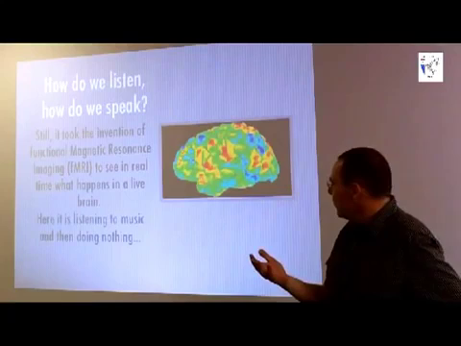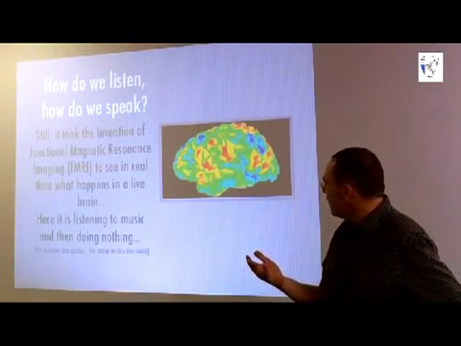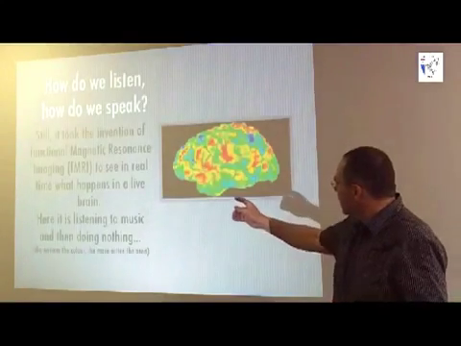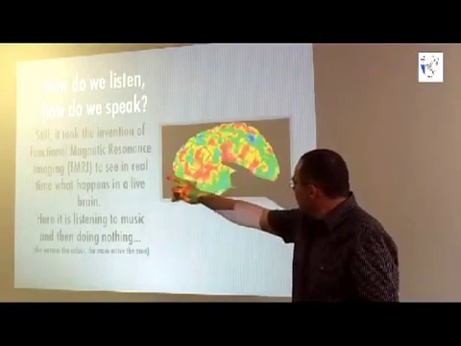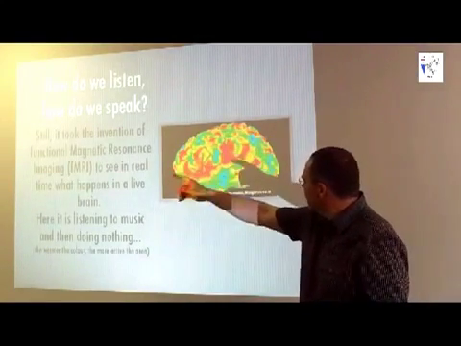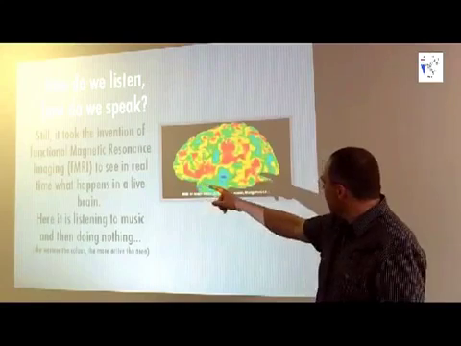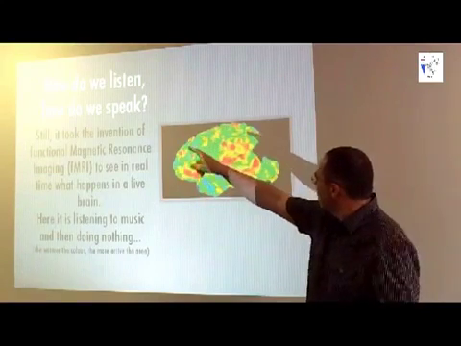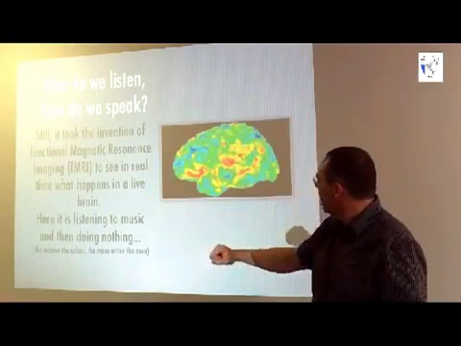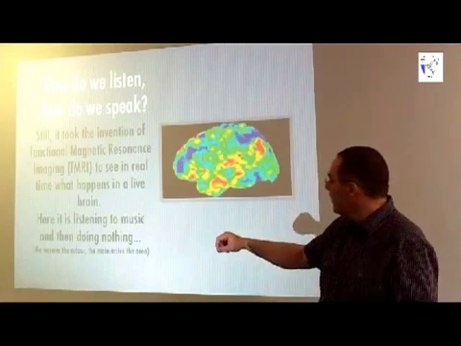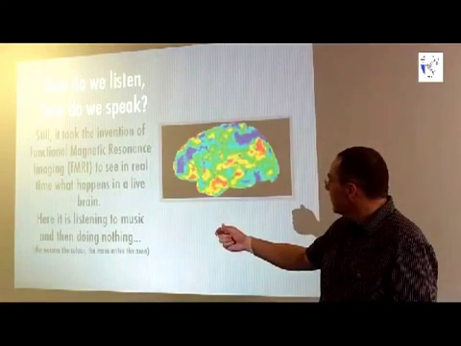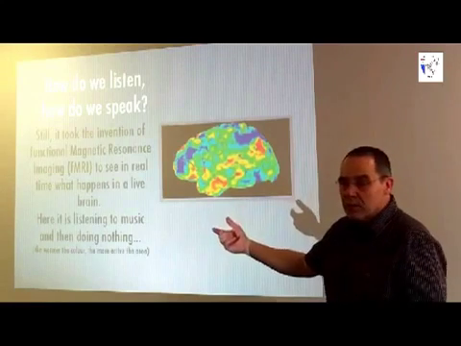Let's just see what happens if you're listening to music. We've seen that the auditory cortex is somewhere here, and you can see that it is very much activated. But look, it is sparkling everywhere. And would you be listening to language? It would be even more.